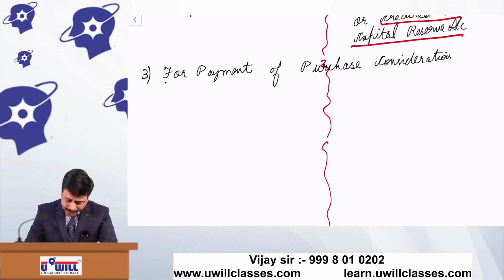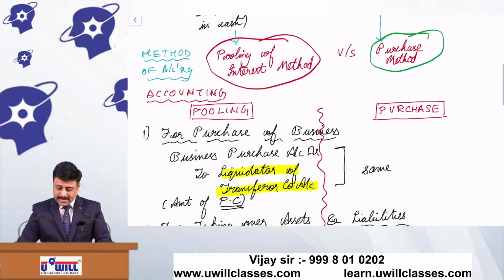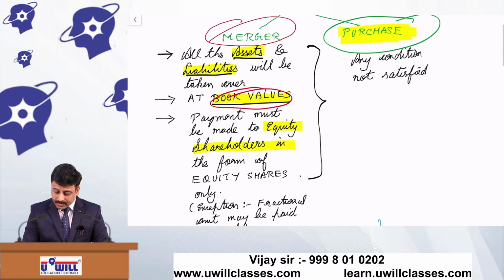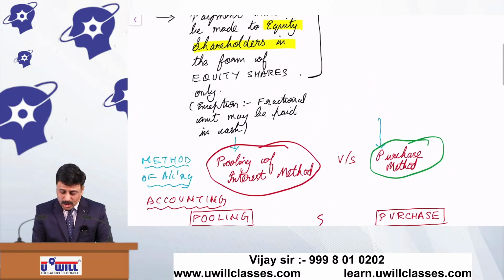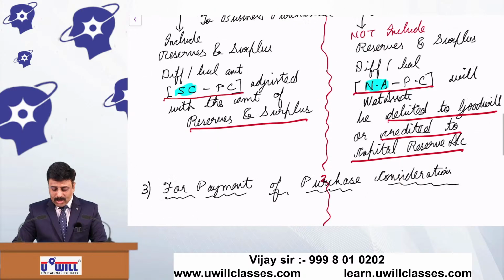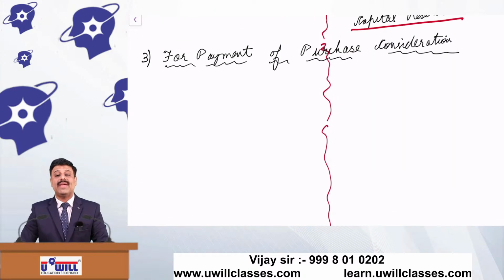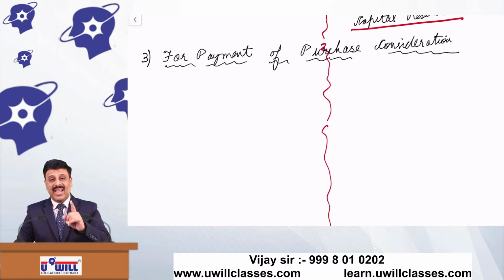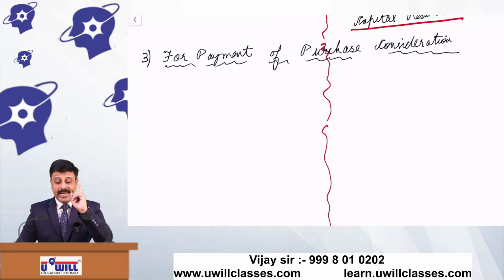Now here again, in principle, the entry will remain same in both the books. But as per the concepts we discussed, here the payment is to be made to equity shareholders in the form of equity shares only. So in pooling of interest method, what payment we will be making to the liquidator will include only one thing, that is equity shares.